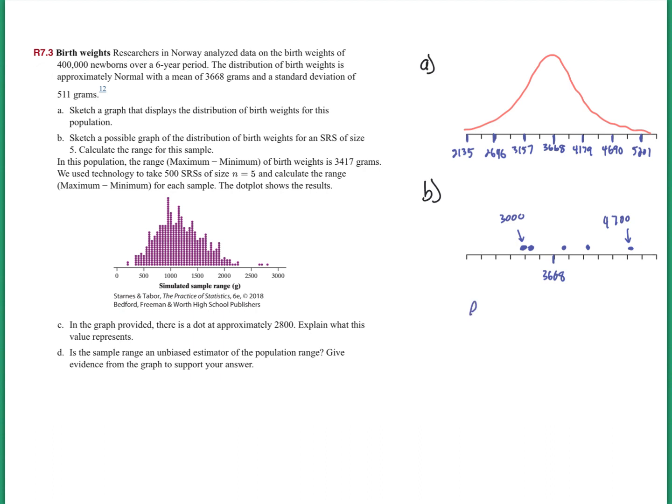Okay, so the range for this sample would be 4,700 minus 3,000, which equals 1,700. Okay, next thing for part C.